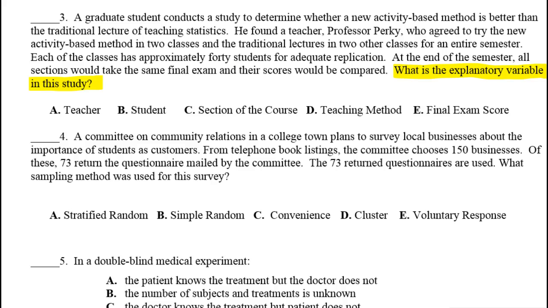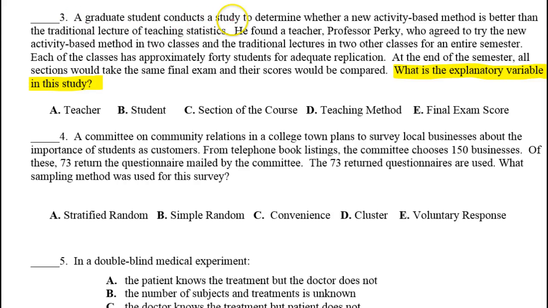Okay, so that's what we're looking for in this problem. So they're asking us for the explanatory variable. So it's the cause, not the result. You know, so it'll be the treatment. Whatever turns out to be the treatment, that'll be the explanatory variable. Anyway, so now let's read the problem.